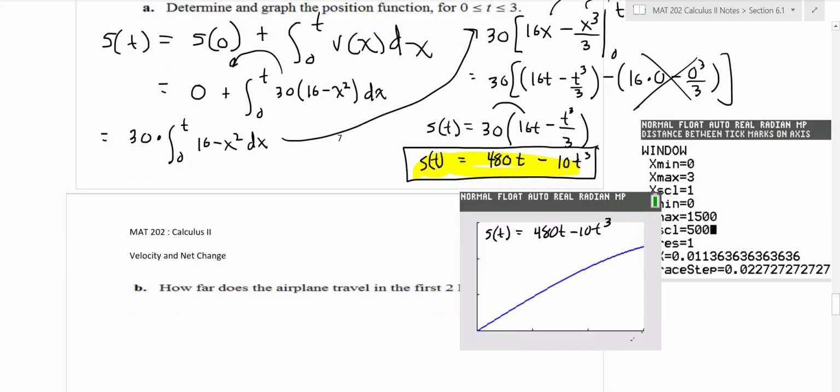And then this is the time axis going up to 3. And this is S of t going by 500. You can write that down if you want to, but you don't have to. I just mainly want to have this to refer to in the next problem here. All right, so that's kind of what we have here.